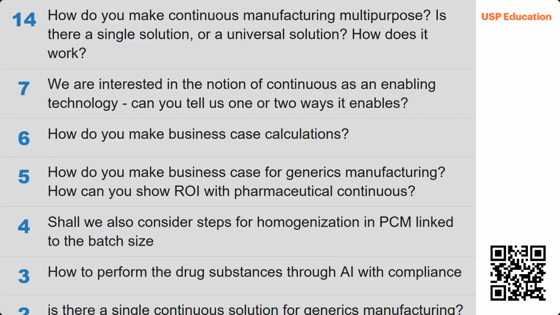You can have reactor modules of PFRs and CSTRs, and then you can have downstream modules for distillation, continuous distillation, drying, and filtration. Based on the requirements of your chemical transformations, you can then plug and play those modules. That's how the industry has been doing it, and I think that's the way forward for the answer to this question.